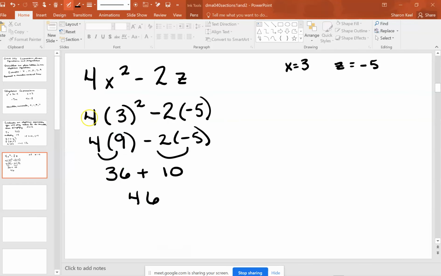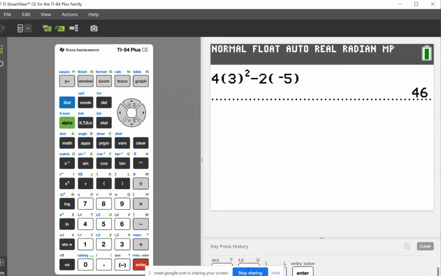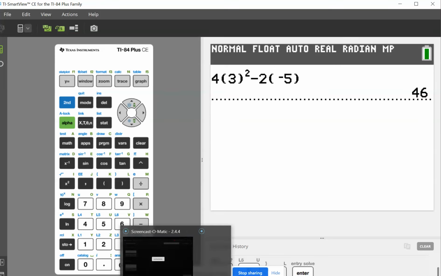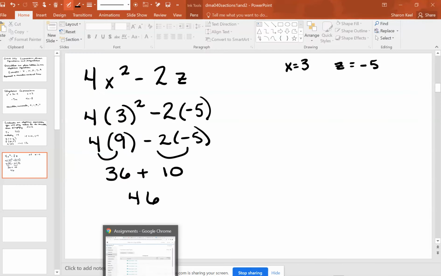So when you have your expression here and you plug in the value, you can work it longhand as I've shown you, or you may come to your calculator and key that in. So expressions are usually just going to be something that is simplified.